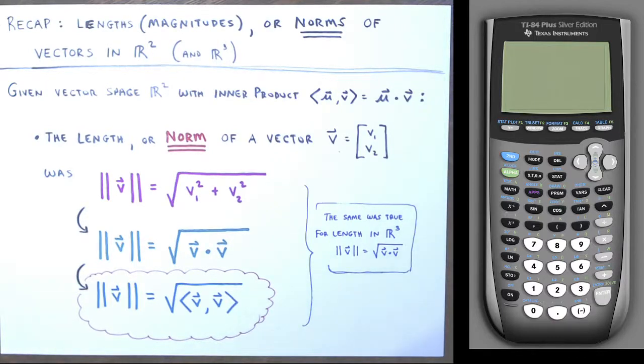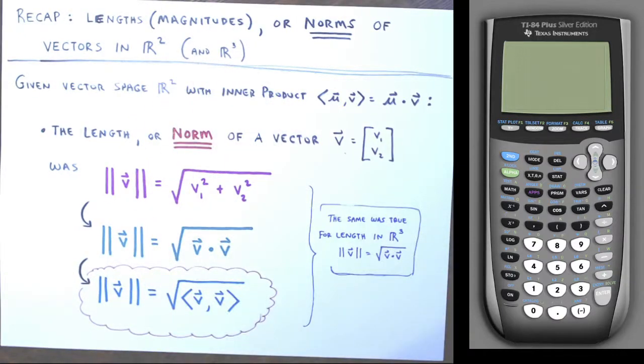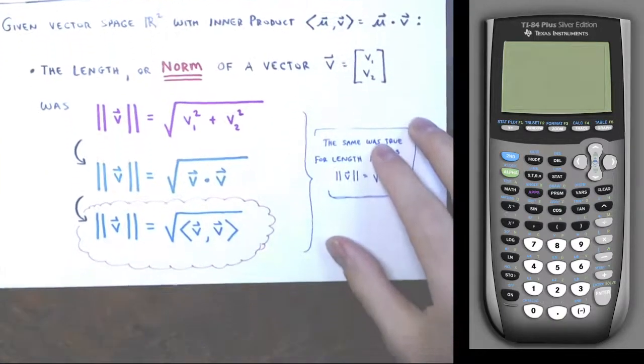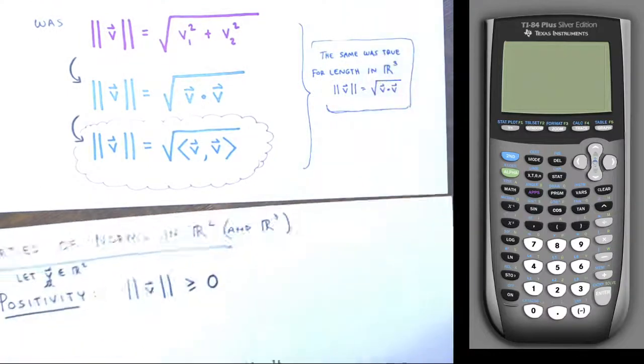Okay, and then in R2, R3, for vectors we can actually visualize two-dimensional, three-dimensional space. There were some nice properties of these norms, these lengths, which I've got here.